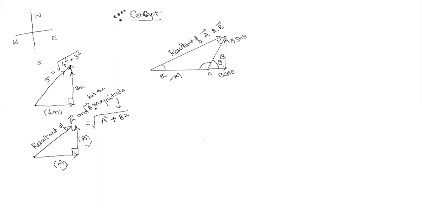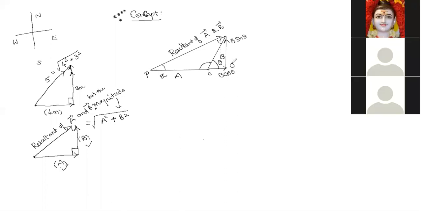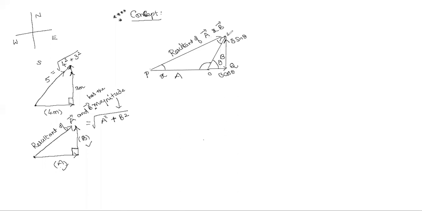Okay, I accept, A plus B cos theta. Say this point is some P, this point is some Q, and this point is some R. Now it is clear. You can say PQ is A plus B cos theta.